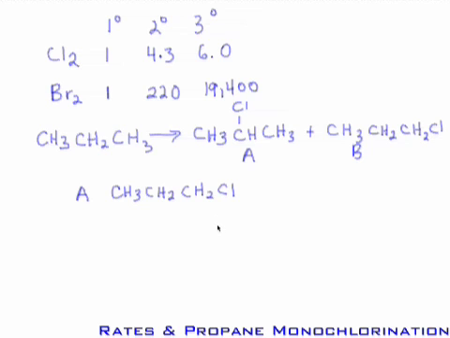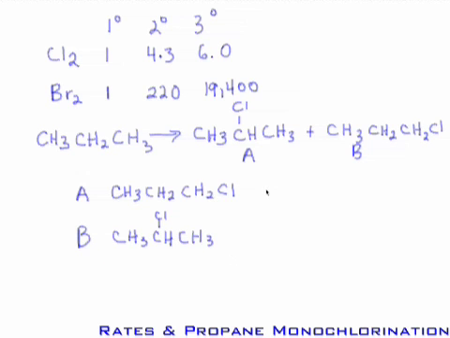In terms of statistical probability of molecular collision, there are 6 chances of colliding with a suitable hydrogen. See, any of these CH3 hydrogens will give you this product. Whereas in B, there are only 2 hydrogens that can be pulled off that will allow you to replace with a chlorine. Either of the 2 middle hydrogens will give you isopropyl chloride.